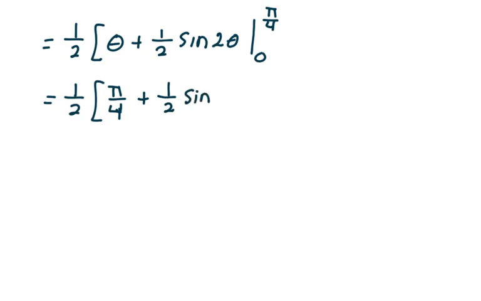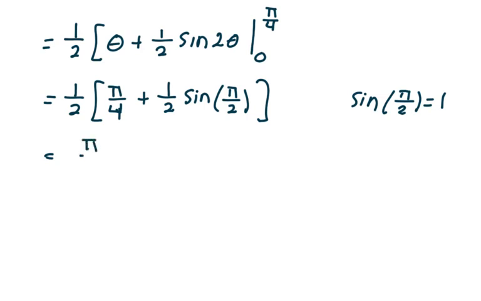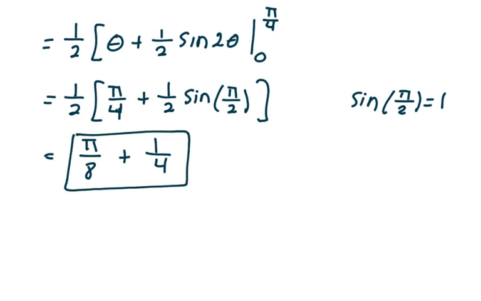Now, pi over 4 times 2 is pi over 2. And remember that sine of pi over 2 is equal to 1. And so this is pi over 8 plus 1/4. And we're done. And that was example 4.